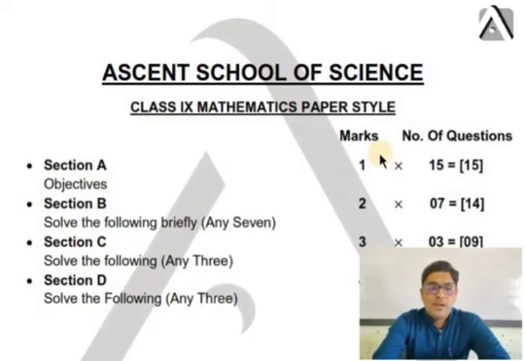After that we go to Section B, the 2 mark section, where you have to attempt any 7 out of 9 questions. In Section C you have to attempt any 3 out of 5 questions, and each question carries 3 marks. At the last, in Section D, each question carries 4 marks, and you have to attempt any 3 out of 5.